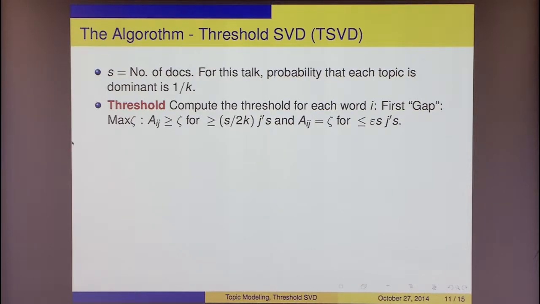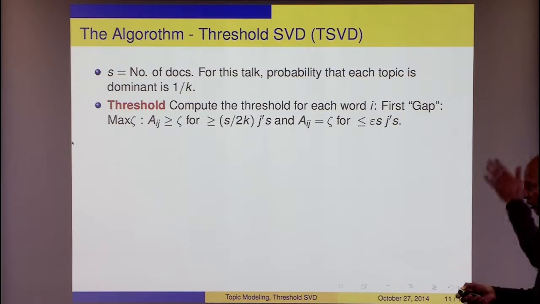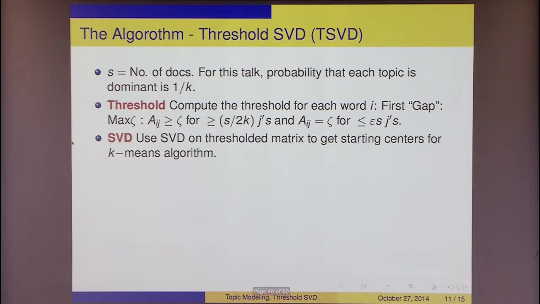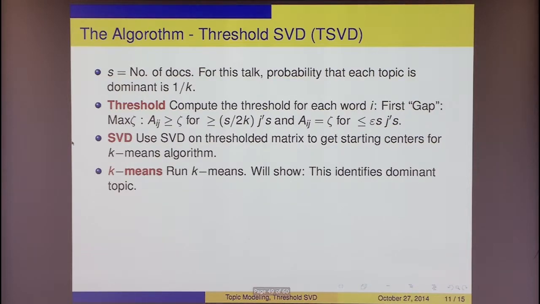So you've covered at least half the topic, and then you go until you find the first gap. And the proof, I won't tell you the proof, but we can prove that you've cut off the entire topic, more or less exactly. Okay. And then you use SVD on the thresholded matrix, so very crucial, just like the signal to noise problem. You don't apply SVD on the data matrix, you apply it on the thresholded matrix, and that gives you centers for a k-means run.